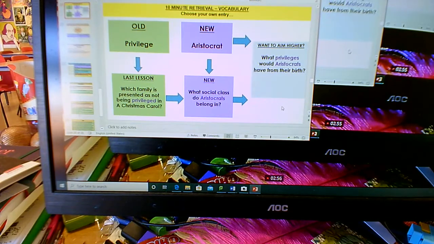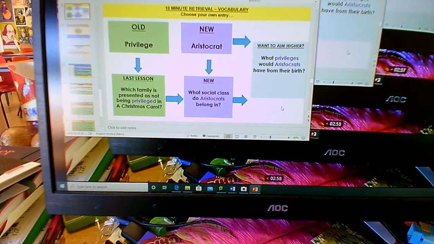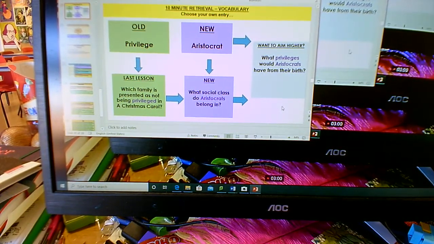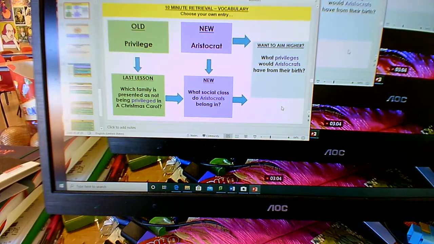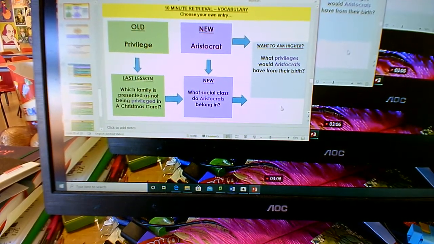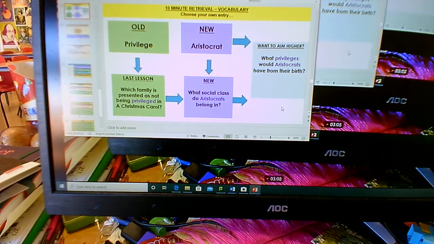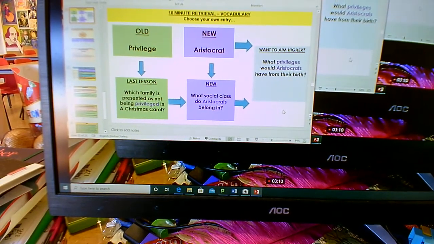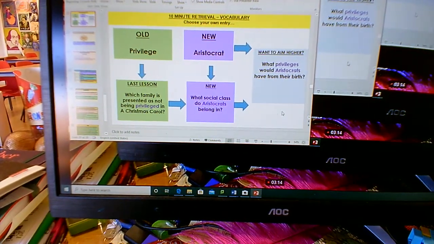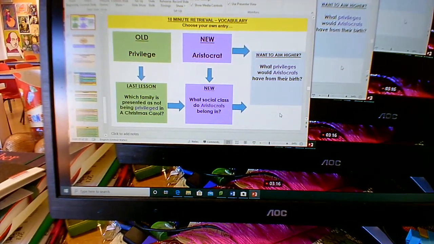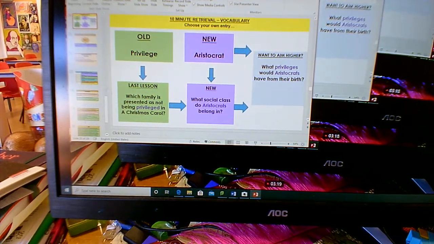Wealth would be the obvious one, and everything that goes along with wealth. Security, very good education, a wonderful place to live, fancy clothes. You would be able to do lots of wonderful leisure activities like going to the theatre, but you would have the respect and the status that just did not belong in other classes.